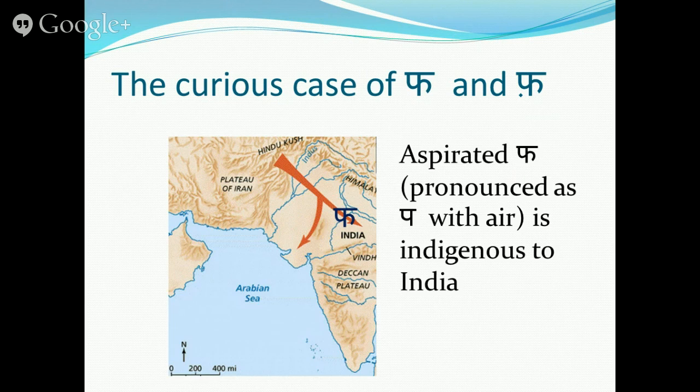However, this is interesting: this kind of pa, the one with air, the one we have in English almost exclusively, except for when it's after an S or another consonant, is an indigenous sound to India. This pa sound existed there a long time ago.